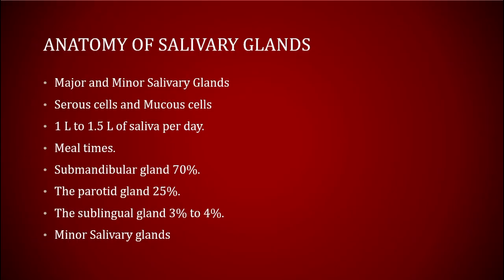The parotid about 25%, which is serous. The sublingual about 3 to 4% with the minor salivary glands, about mucus secretions. In the stimulated state, the parotid and the submandibular start to become equal, the parotid becoming more, about 55 to 60% of the secretions.